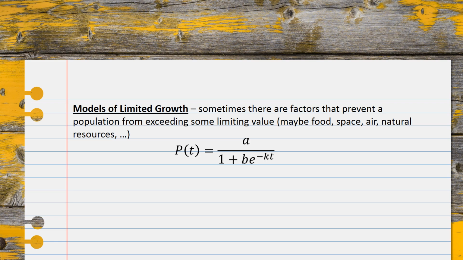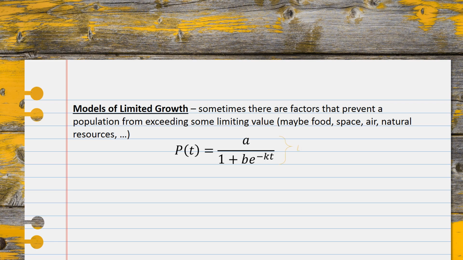Models of limited growth. Sometimes there are factors that prevent a population from exceeding some limiting value. Maybe it's food, space, air, natural resources. Models of limited growth are represented by the equation P of t equals A all over 1 plus B times e raised to the power of negative kt.